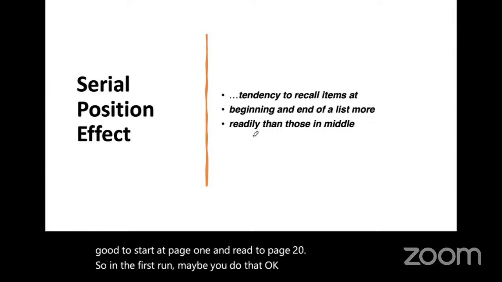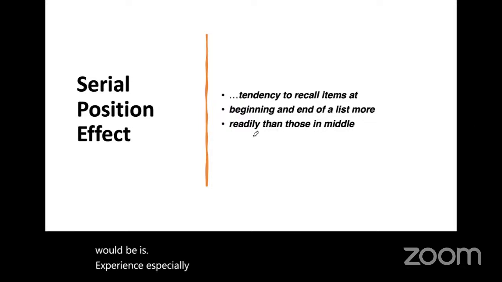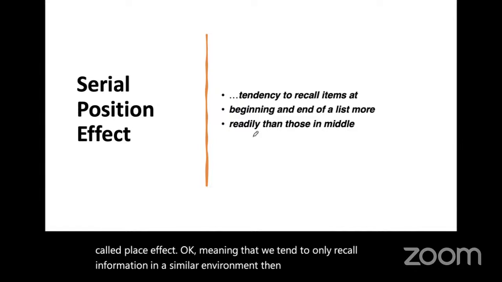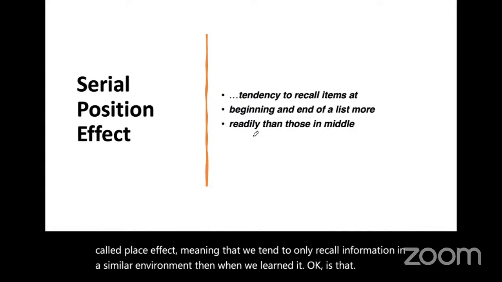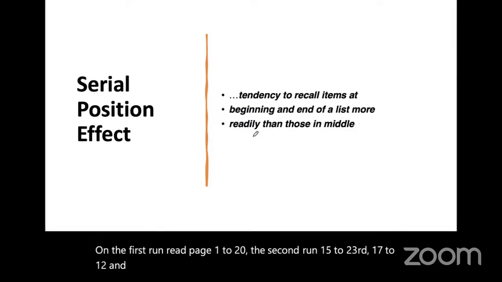But a recommendation, especially to get rid of serial position effect and what's called place effect, meaning that we tend to only recall information in a similar environment to when we learned it, is that on the first run, read page 1 to 20, the second run, 15 to 20, third one, 7 to 12. And mix up where you start in reading that chapter while you're reading it.